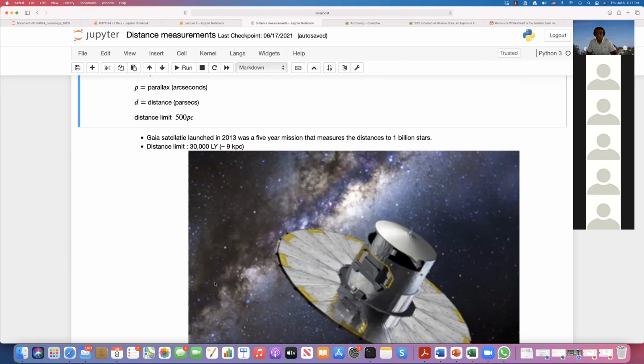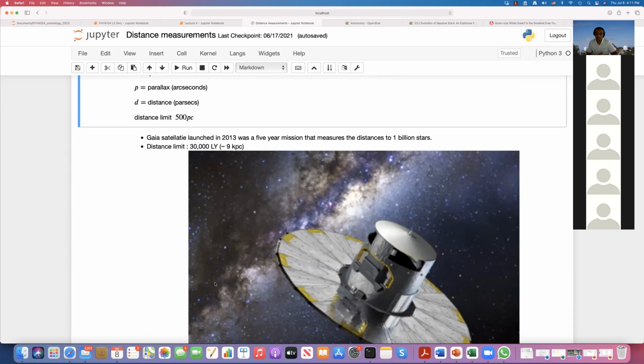And this was able to measure parallax angles of 1 billion stars in our Milky Way, which means we know exactly the distances to these 1 billion stars, because the parallax angle measurements made by this particular satellite are very accurate, right?